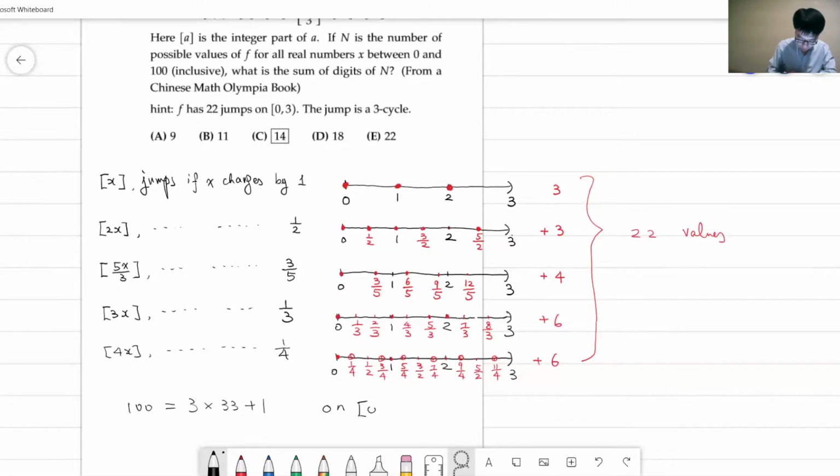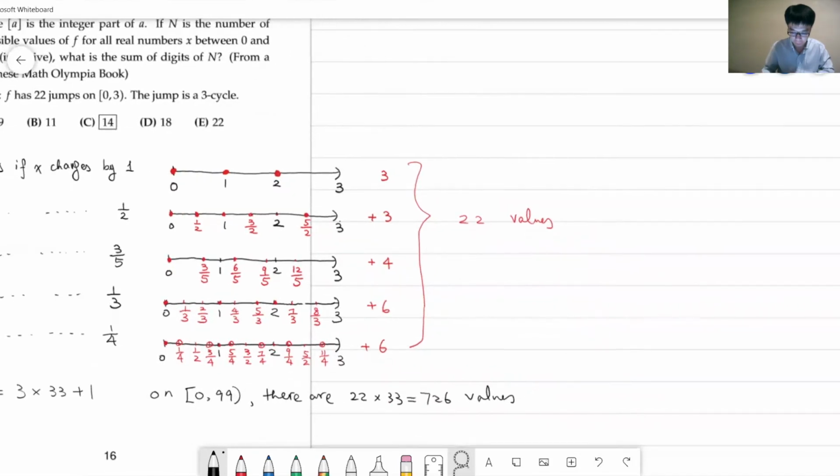On the interval from 0 to 99 open, there are 22 times 33 values, which is 726 values. And then we should add this new values in the last interval from 99 to 100. Okay, let's see how many new numbers are on the interval from 99 to 100.